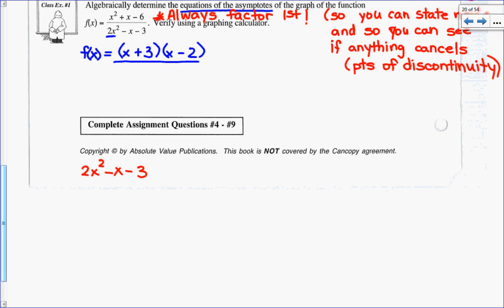Remember, when we have a coefficient on the x squared term, we multiply the 2 times the -3 at the end to find out what our two numbers have to multiply to. So 2 times -3 is -6. So I'm looking for two numbers that will multiply to give me -6, but will add to give me -1.